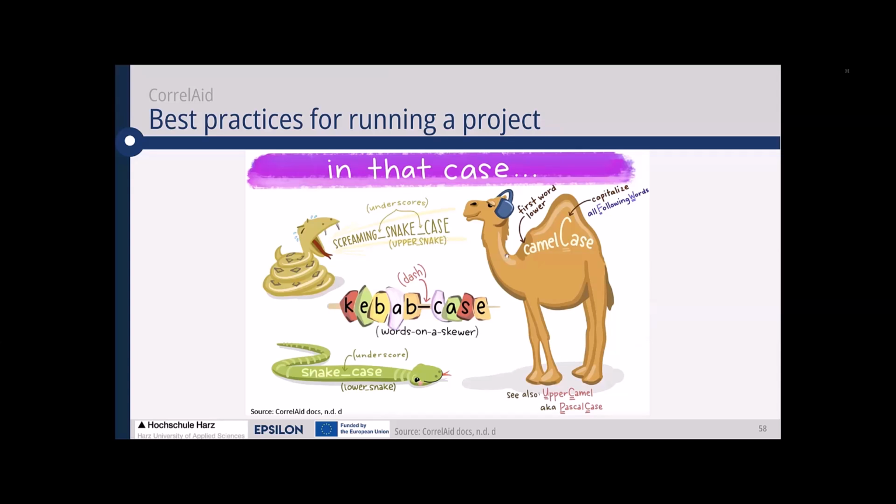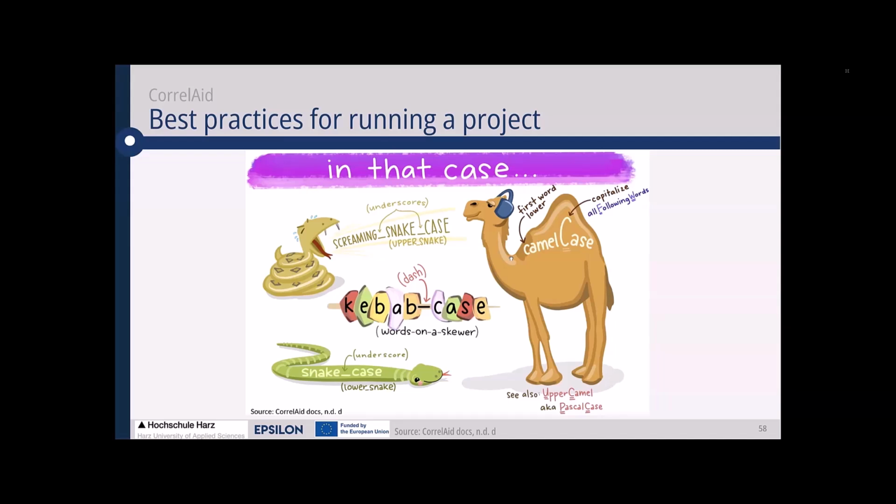The camel case means that you capitalize all following words, but you start with a lowercase. So instead of the snake case where you have underscores, you use capitalized letters in order to signal that there's a new word starting.